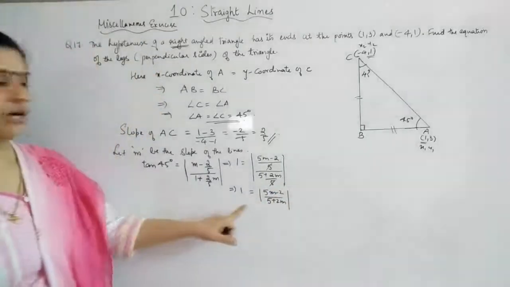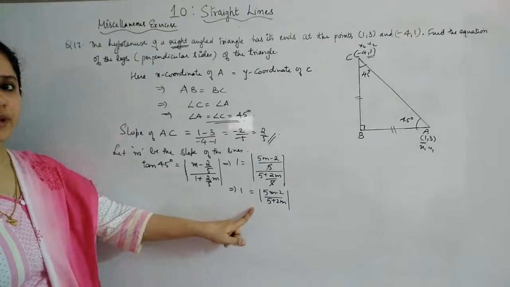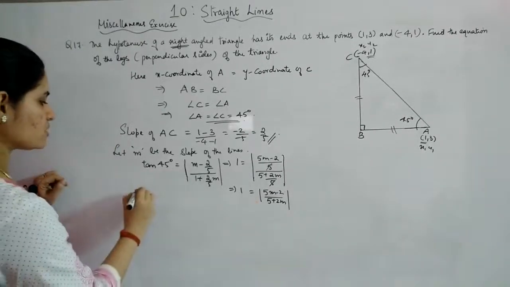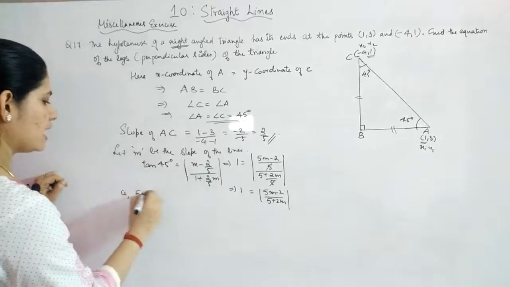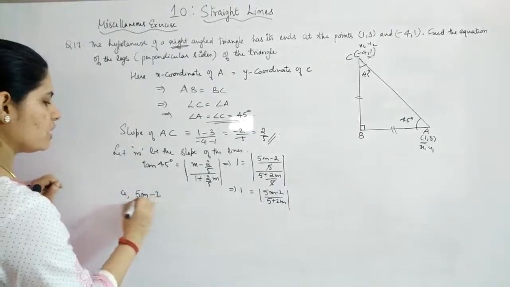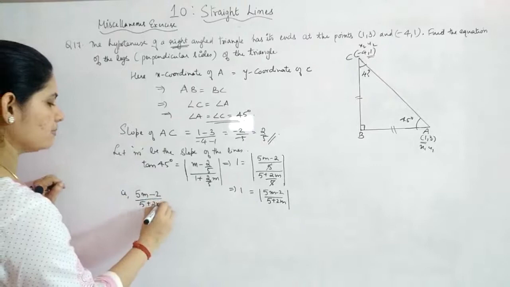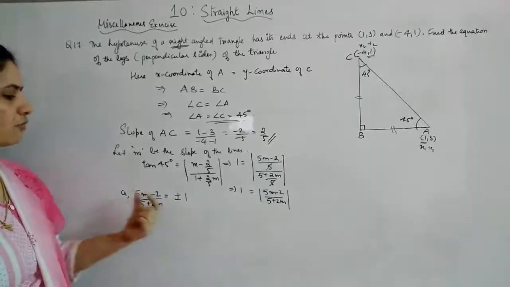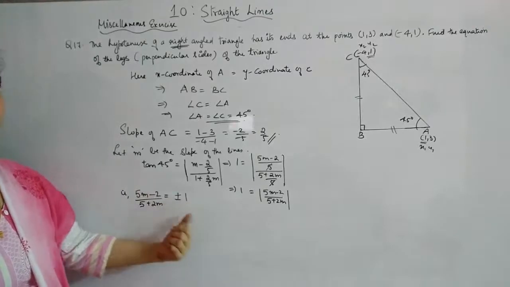Okay, now in order to get the value of m, you have to remove this modulus sign. So we have two options: 5m minus 2 by 5 plus 2m is equal to plus or minus 1. Either it is 1 or it is minus 1.